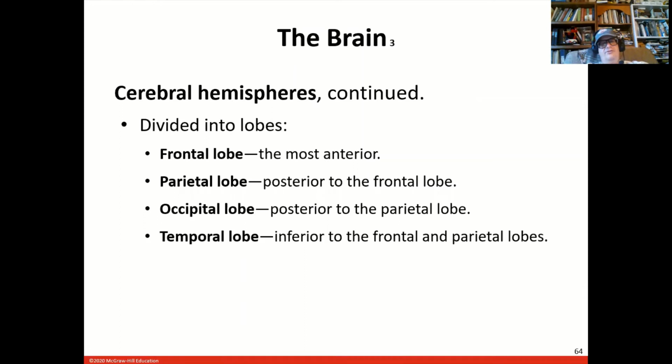Now, you'll notice these names are the same as the bones because they're divided up similarly to overlying bones of the skull. So we got frontal lobes, parietal lobes, occipital lobes, and temporal lobes. We'll do it again. Frontal lobes, parietal lobes, temporal lobes, occipital lobes.